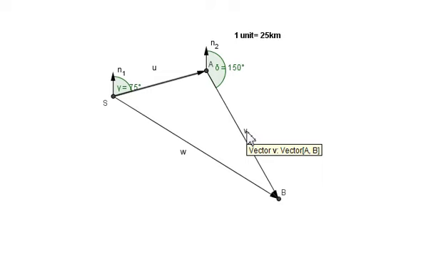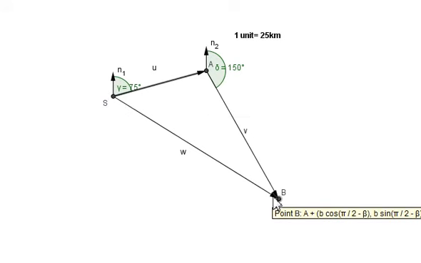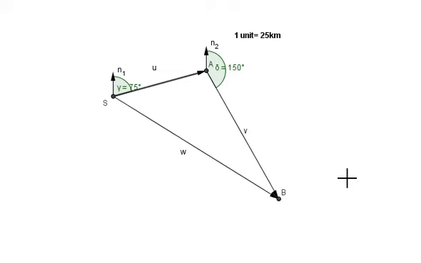So the length of V divided by the sine of the angle that we are looking for equals the length of W, which we already found and is the answer in our calculator, divided by the measure of this angle here.